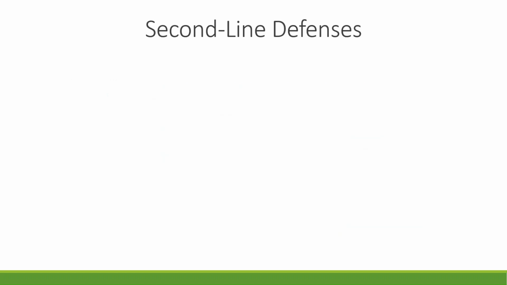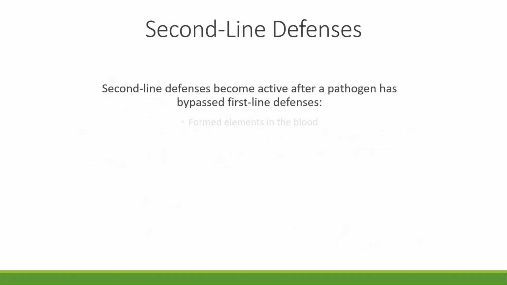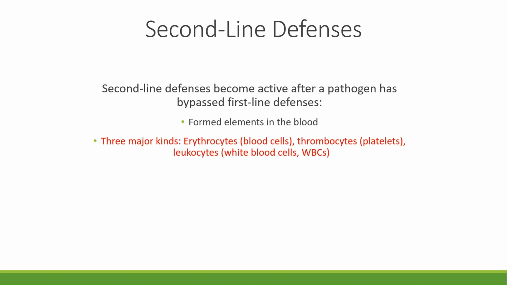Once a pathogen bypasses the first line defenses, the body activates its second line defenses to fight the infection. The formed elements in the blood play a key role in this process. There are three major types that we need to be aware of. The erythrocytes, which are the red blood cells, are responsible for carrying oxygen and disposing of CO2.